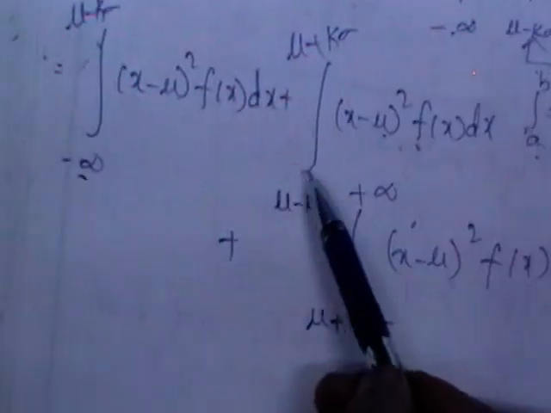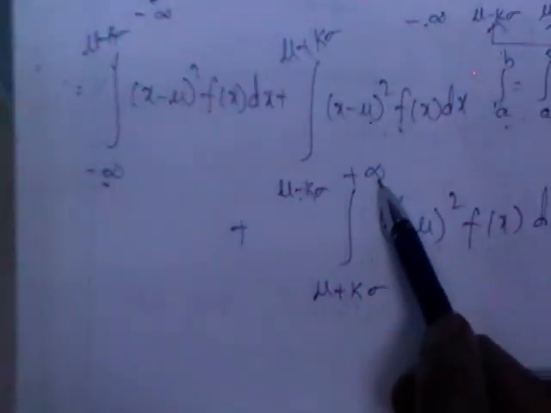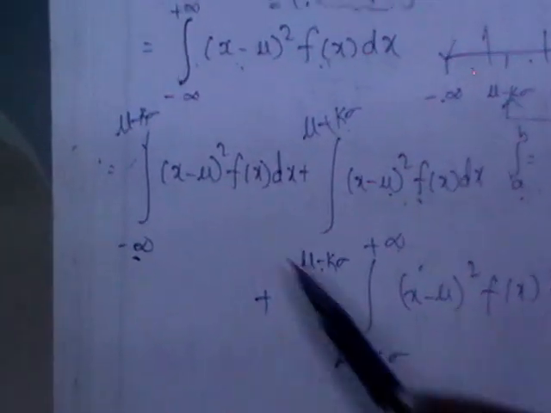So I have split one integral into three different parts: minus infinity to mu minus k sigma, mu minus k sigma to mu plus k sigma, mu plus k sigma to plus infinity. The same terms. So this integral is the sum of three.